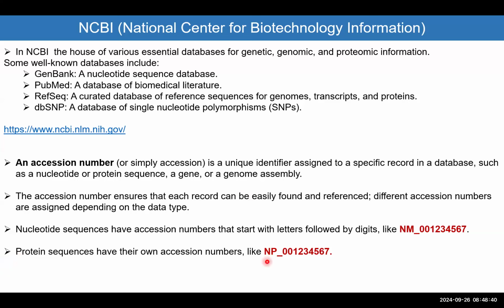And the same here in case you have NP, that will tell you directly this is a protein. So if you're looking on the website, you will directly know whether you're talking about a messenger RNA and therefore the coding sequence, or the protein and therefore the sequence of the amino acids.